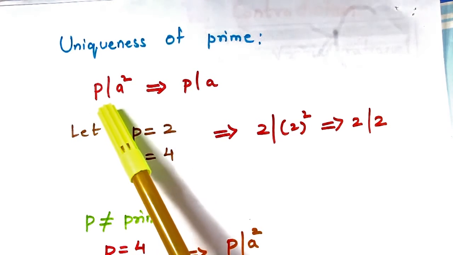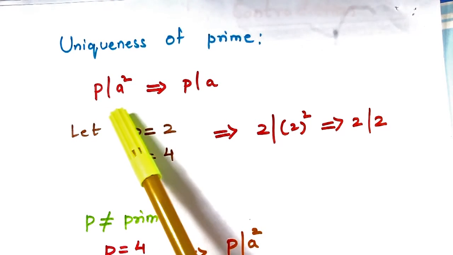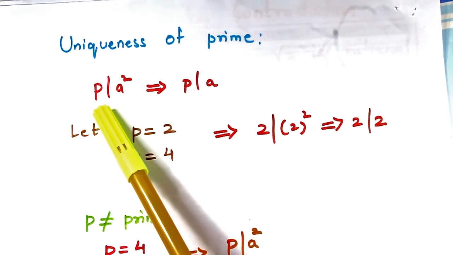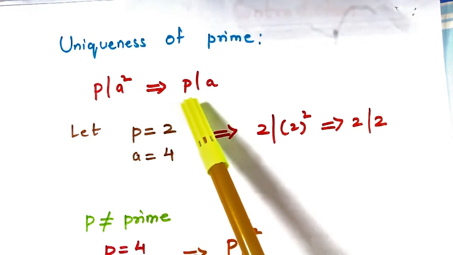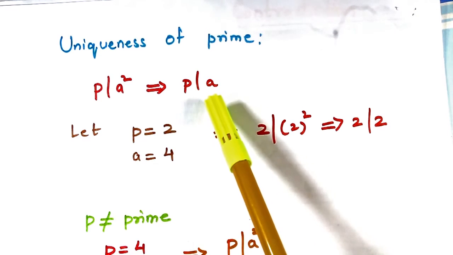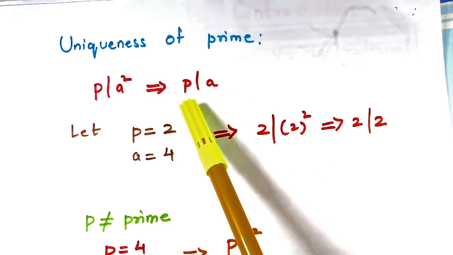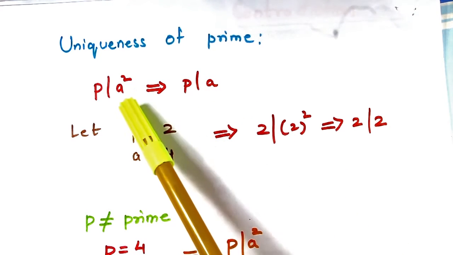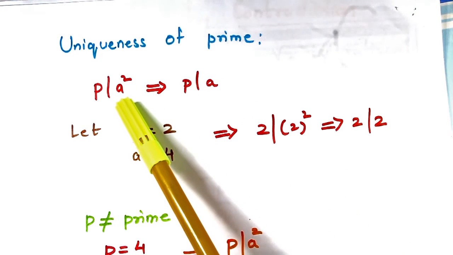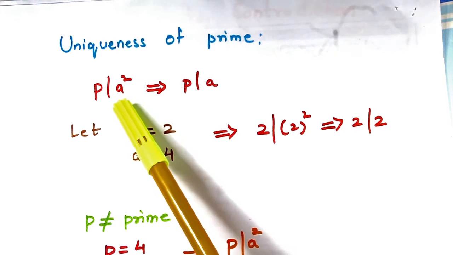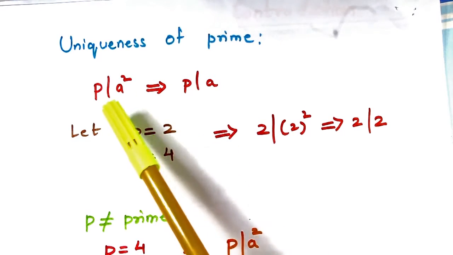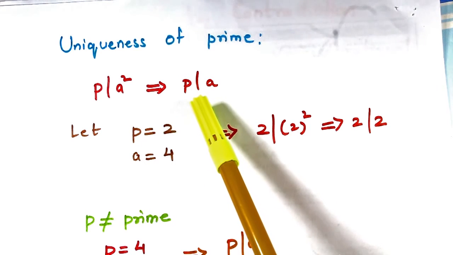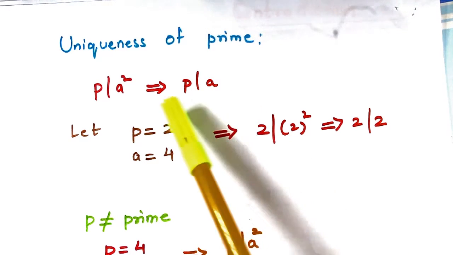It says that p divides a square, meaning p is dividing a square completely. So the remainder will be equal to 0. If p is dividing a square, that implies p also divides a. It is only possible when p is a prime number, and a should be equal to p or more than p. But the scenario is that if p is dividing a square, then p must divide a. That is the case, right?